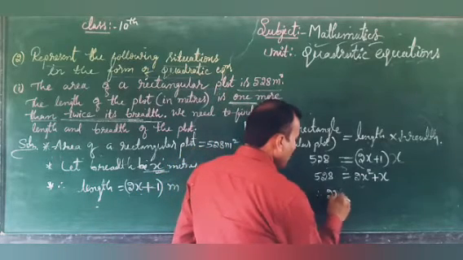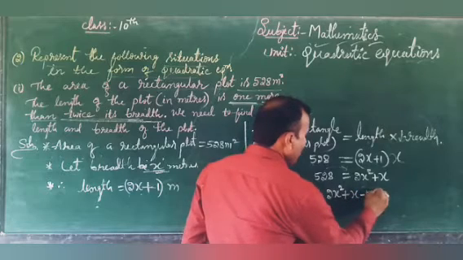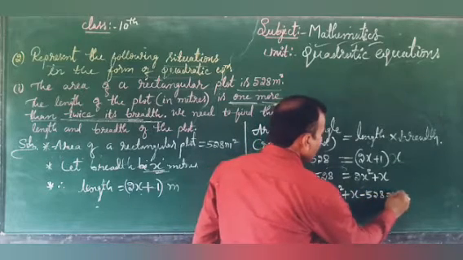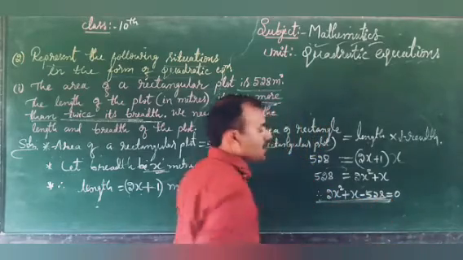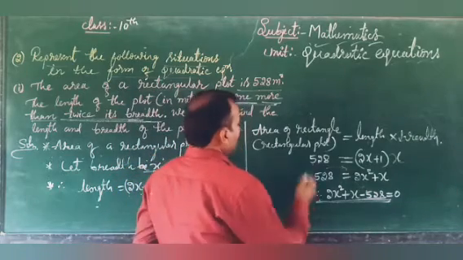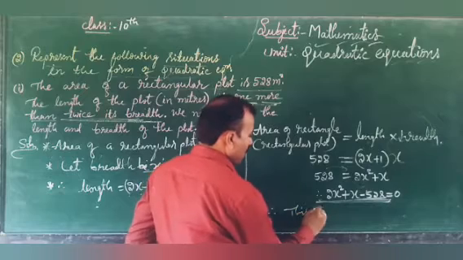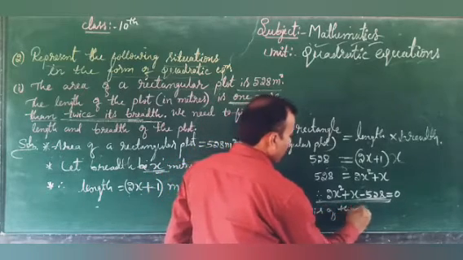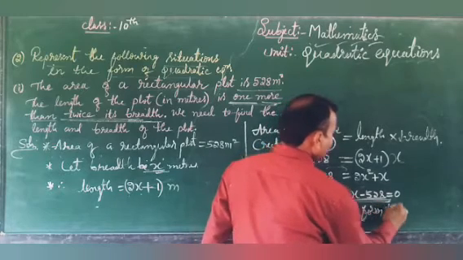Therefore 2x square plus x minus 528 equals 0. Therefore this is of the form quadratic equation.